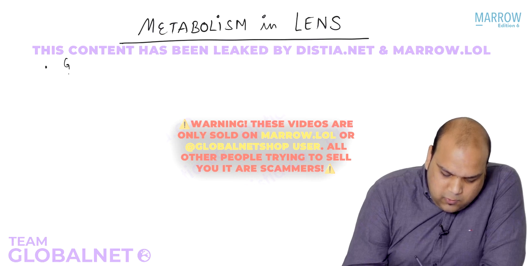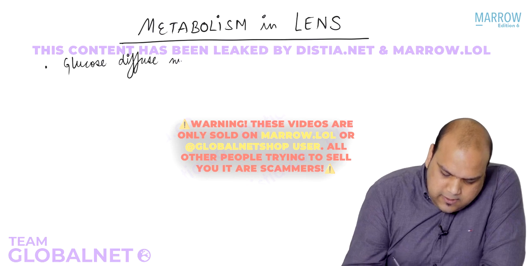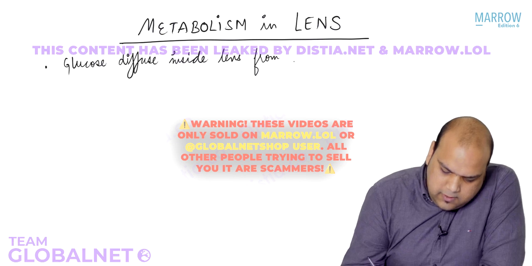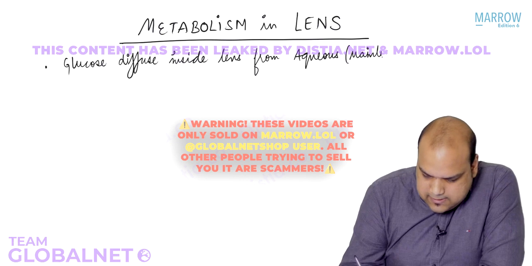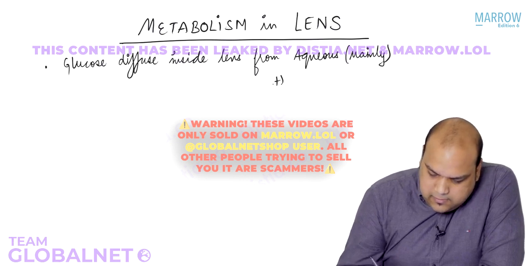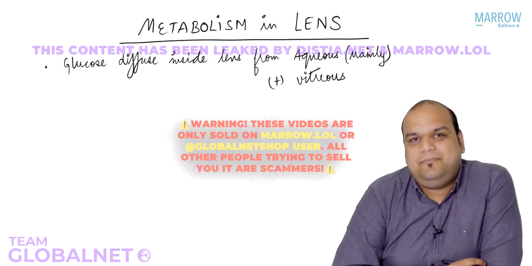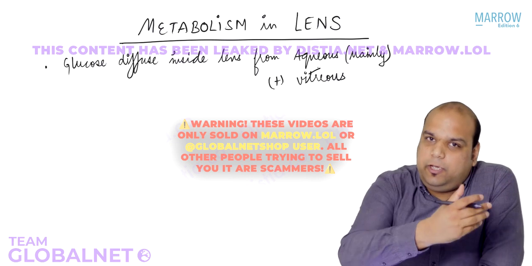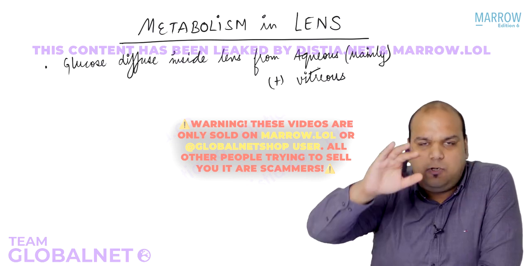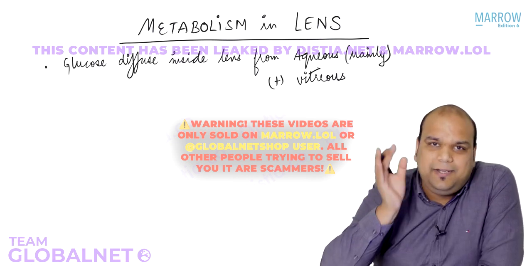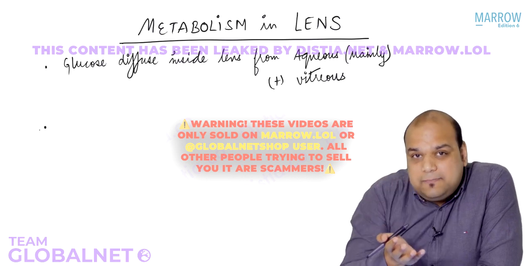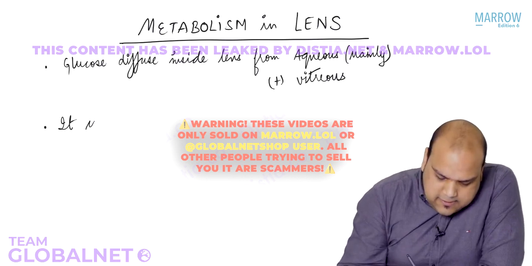So, glucose diffuses inside lens from aqueous, mainly aqueous, guys, but some little part also from the vitreous. Okay? So majority of it is coming from the aqueous, but some part of it is also coming from the posterior surface via the vitreous. After it has come into the lens, it is metabolized by various methods.